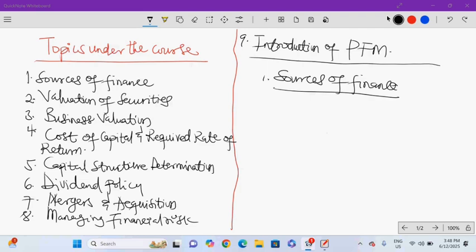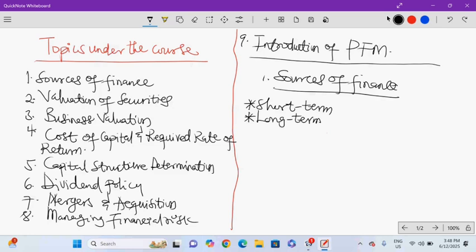When we say the source of finance, we have the short term and the long term source of finance, right?